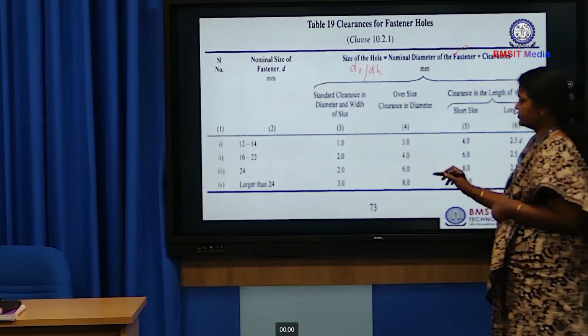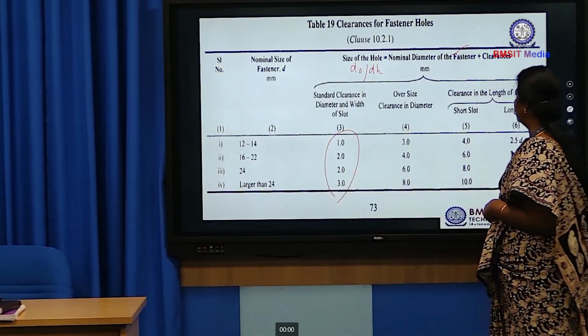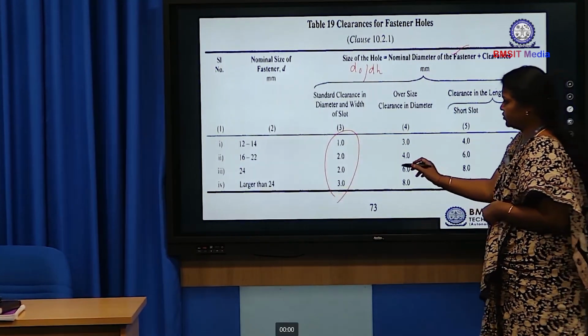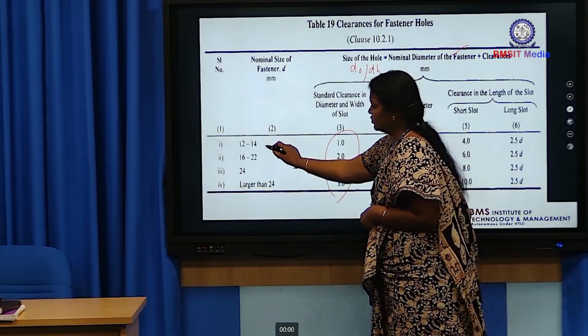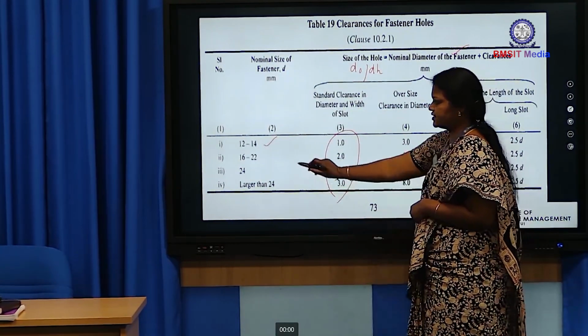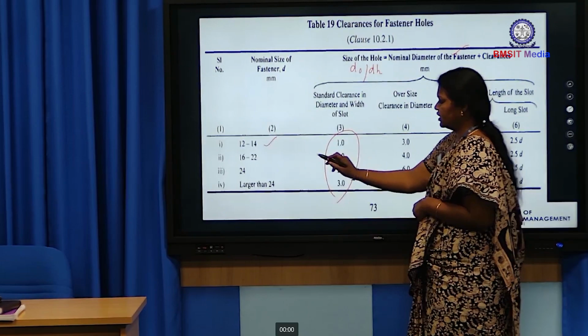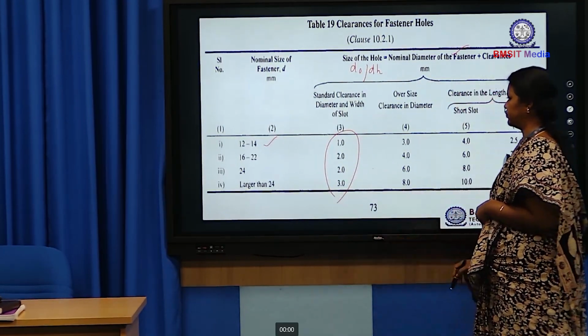Here we have to take the standard clearance; we do not want oversize, we only use this one. If the diameter of the bolt is 12 to 14 mm, the clearance is 1 mm, 16 to 22 means 2, and 24 also 2, larger than 24 means 3 mm.